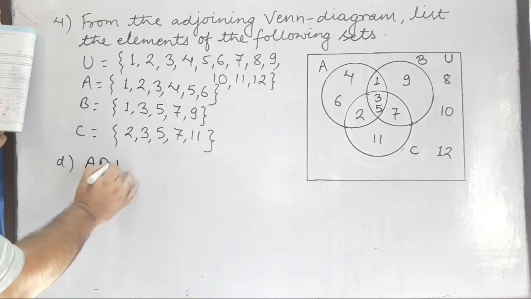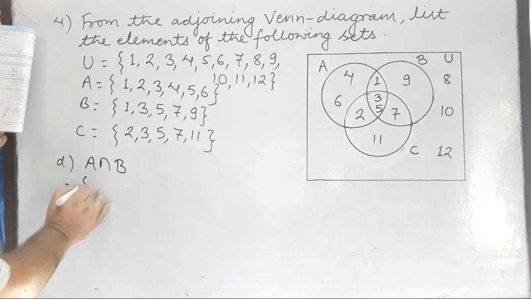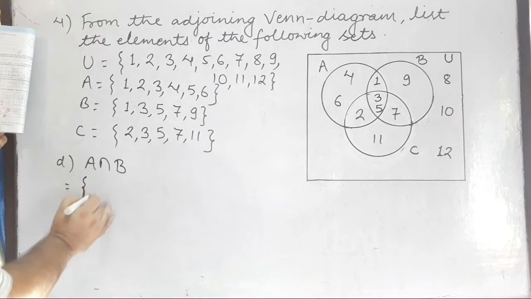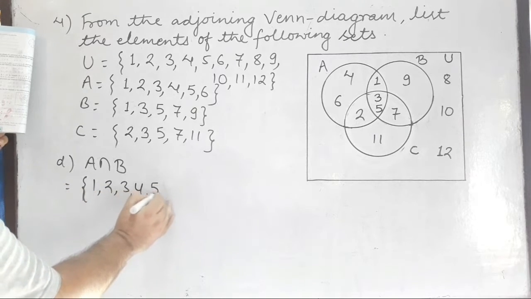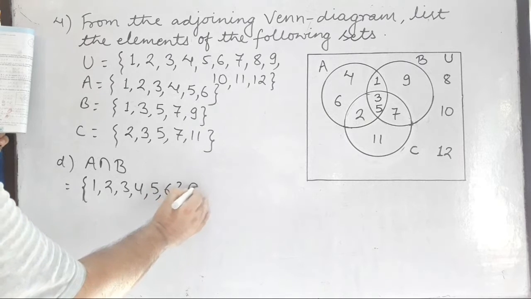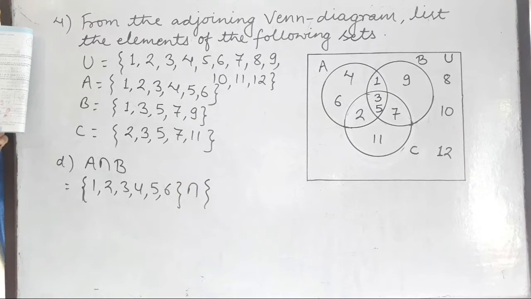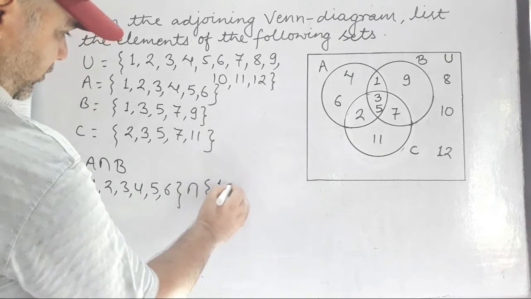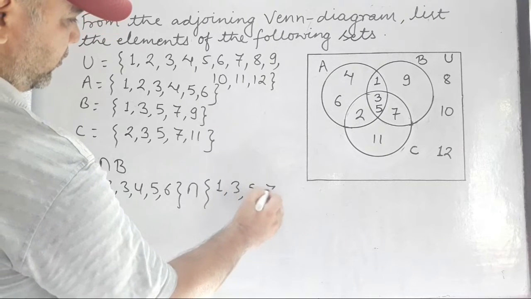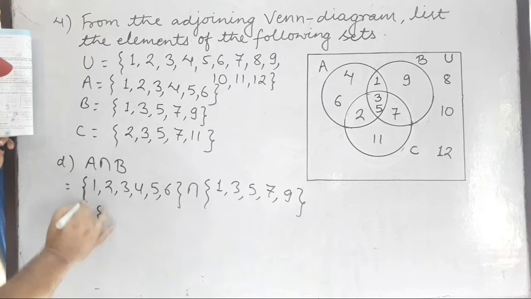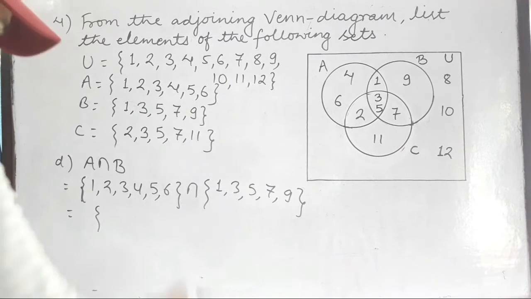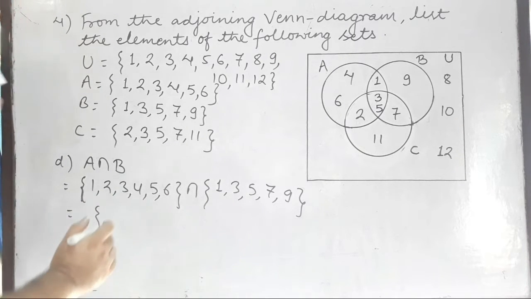A intersection B. The elements of A: 1, 2, 3, 4, 5, 6. Intersection. The elements of B: 1, 3, 5, 7, 9. Since intersection denotes the common elements belonging to both sets, what are the common elements?